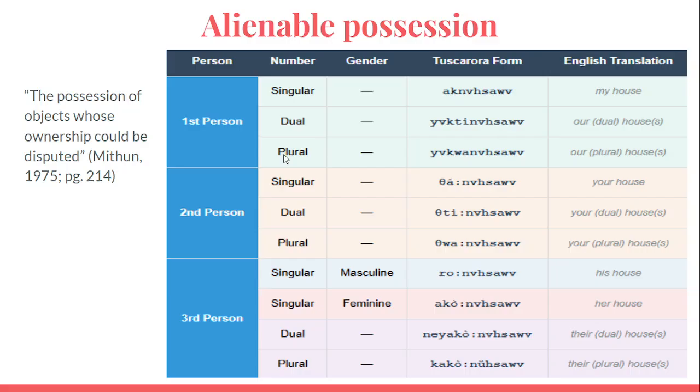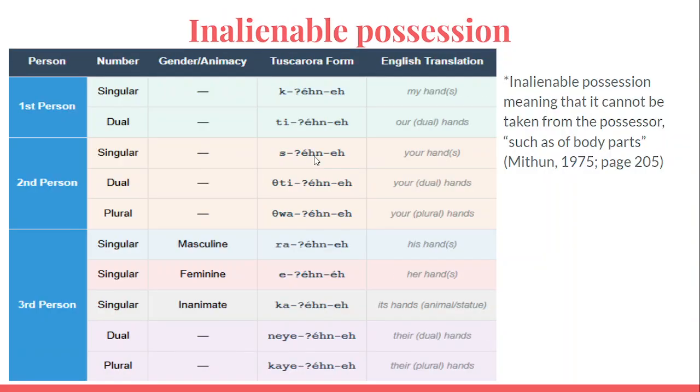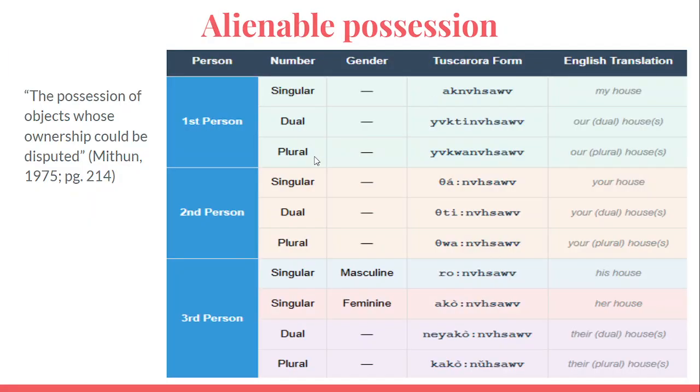And there doesn't appear to be a first person plural for inalienable nouns, because while it's possible, they may do something like add the distributive stem to make it a collective noun, essentially, which is what they do for the word for house, or our various houses, as you'll see later in this presentation.